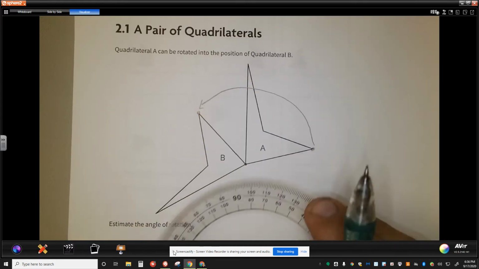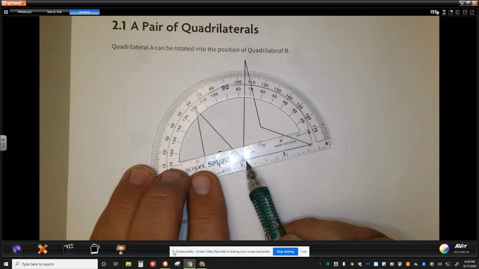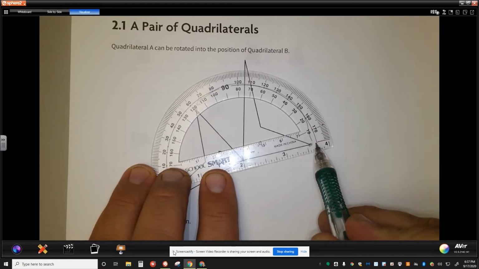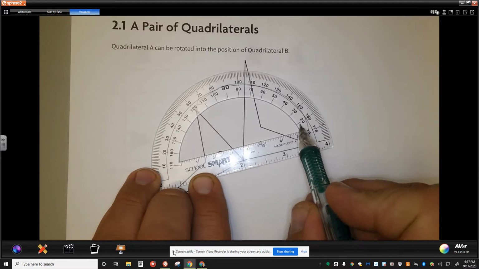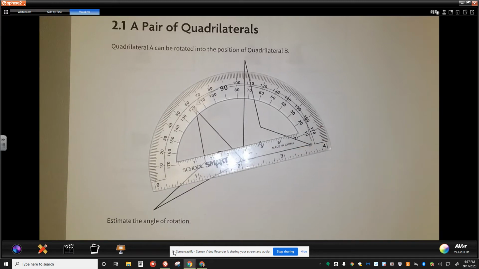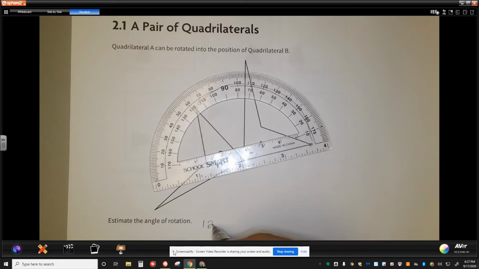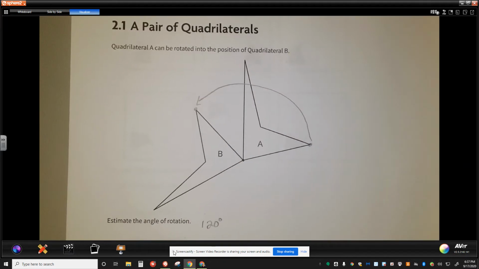When we set the protractor on here, we want to line it up to where this is the center. Follow the line out to 0, and then we can take an estimate, in this case on the inside, because that's where the numbers are increasing, and we see that this angle is approximately 120 degrees. There's a quick little lesson on using a protractor, a quick little review.